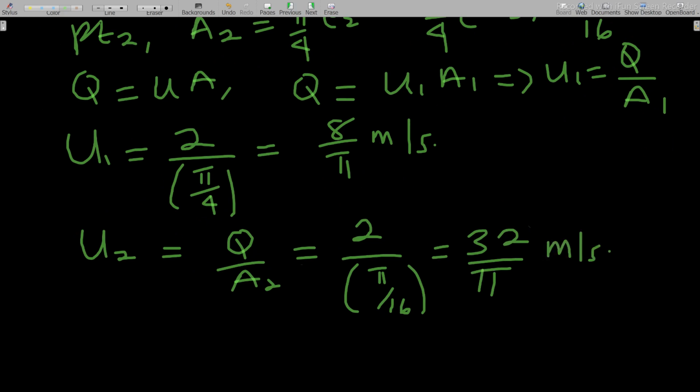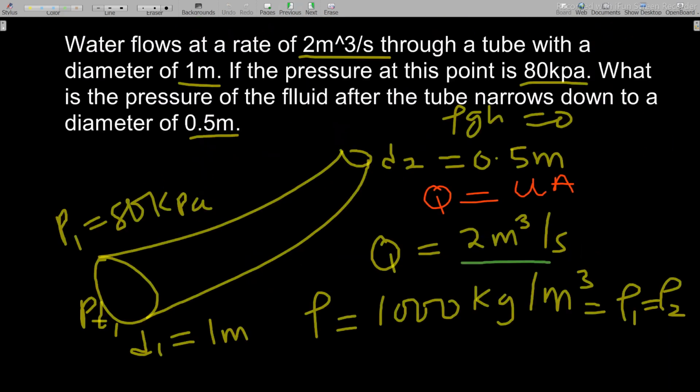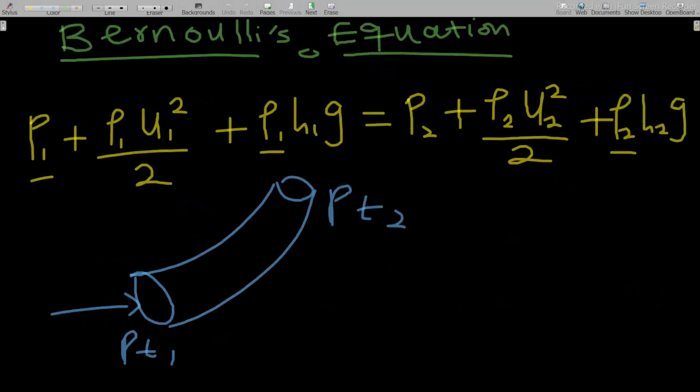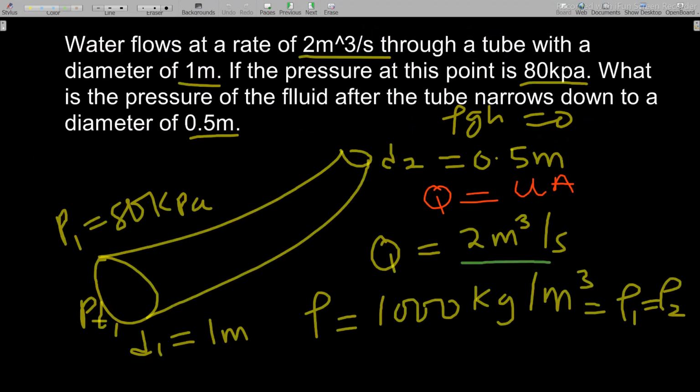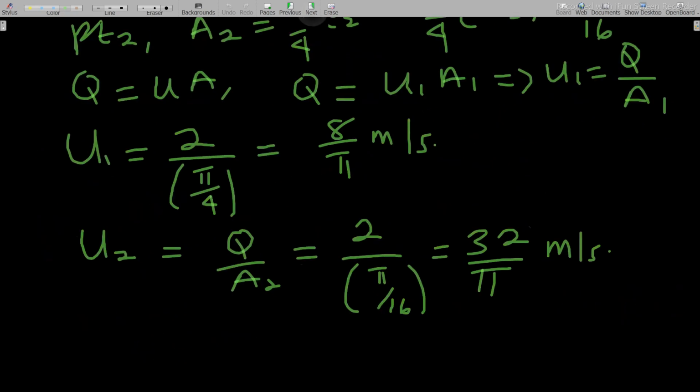So I know my U1, my U2, my density, and I know my P1. If you remember, we use this formula. We know P1 is given, and what we are interested in is P2. We know our density, ρ1 and ρ2 are the same, so we don't have to suffer here. So we just set an equation for it.